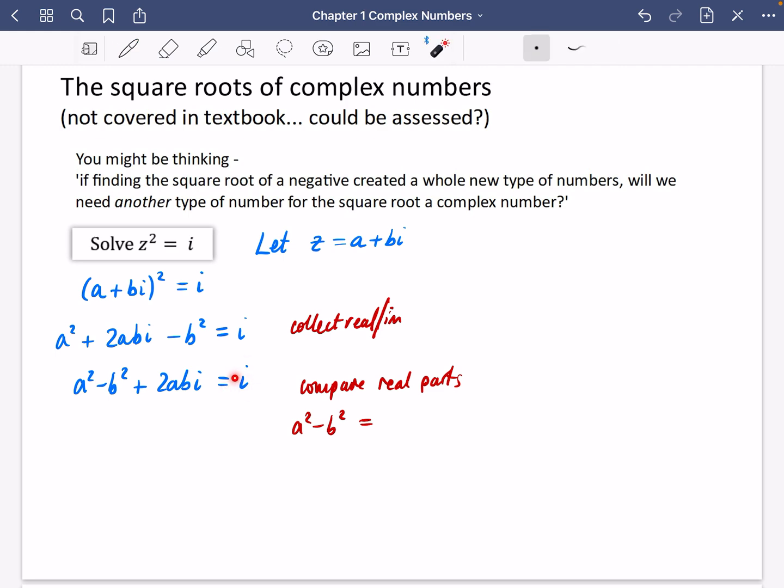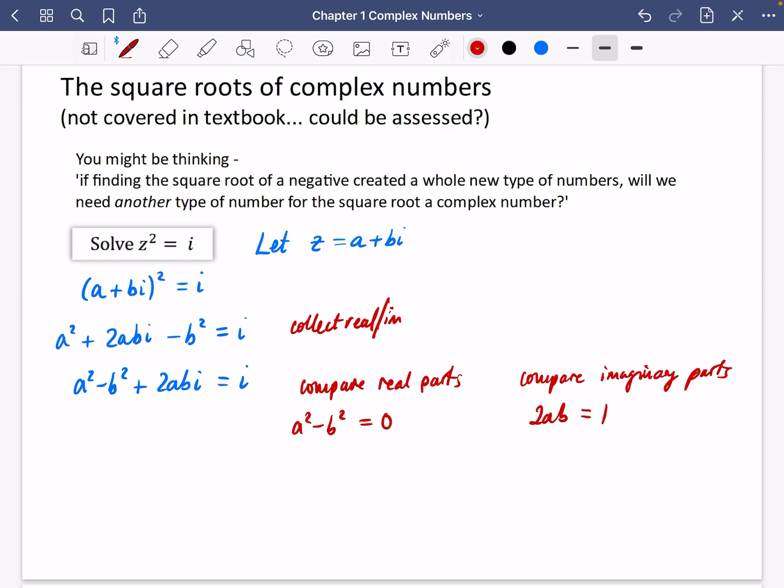Is there anything real on the right-hand side? And the answer is no. We are then going to compare the imaginary parts. On the left-hand side, the imaginary part we have is 2ab, and on the right-hand side, there's just one i that we've got.